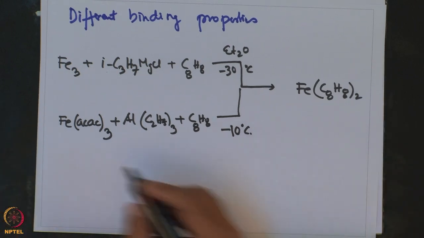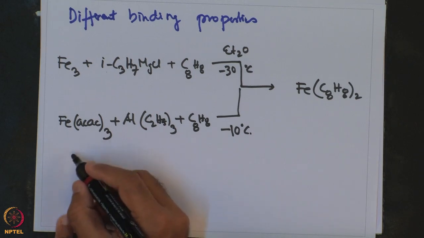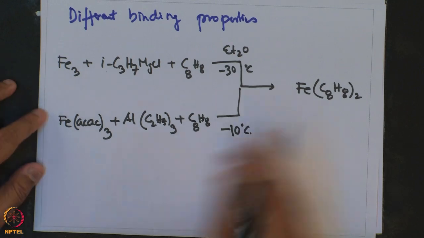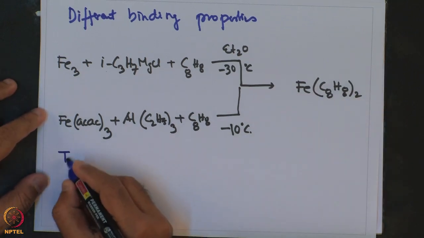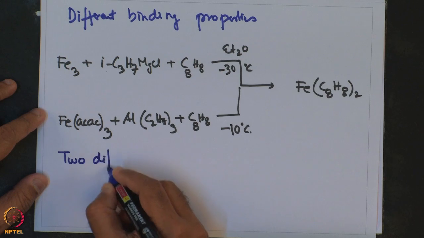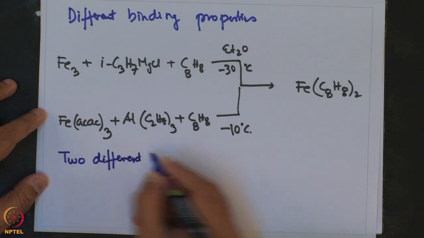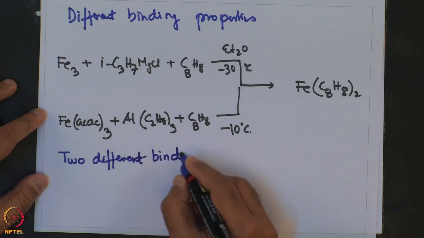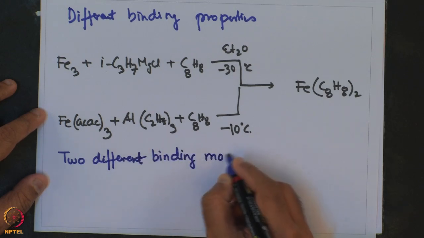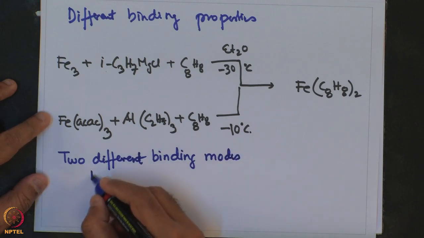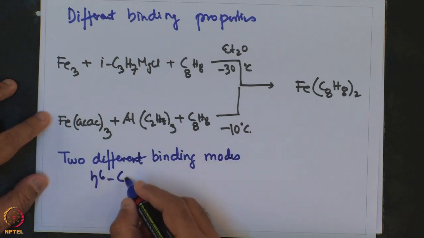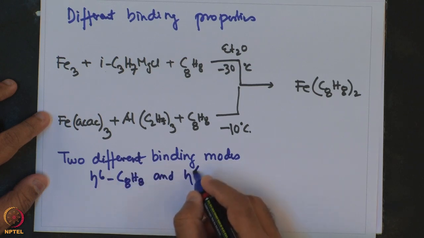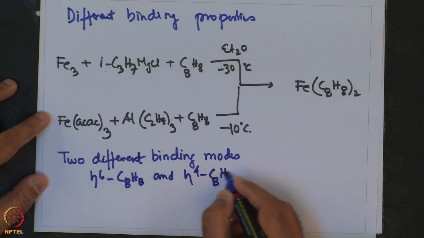This compound has two different binding modes observed. These iron compounds contain two different binding modes. One is eta 6 C8H8 and the other is eta 4 C8H8.